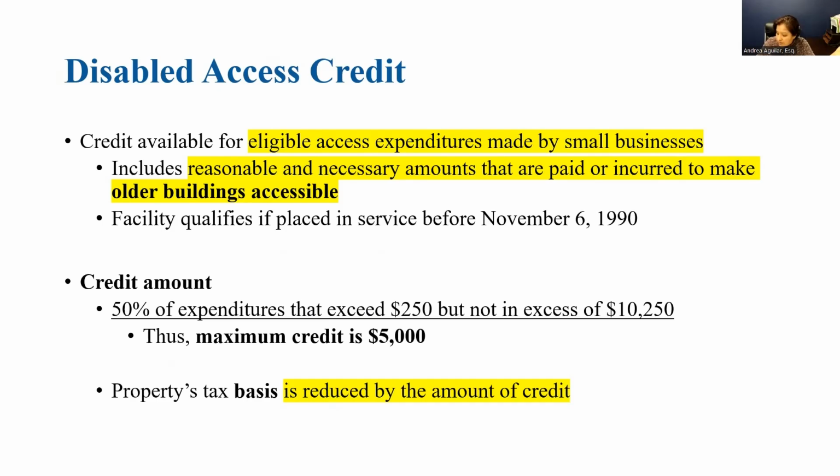So the amount of the credit would be $3,375, as long as it's less than the maximum. Now, the property tax basis will be reduced by the amount of the credit. So whatever your basis on the property is, you will have to reduce by the amount of the credit that you are claiming. So keep that in mind.